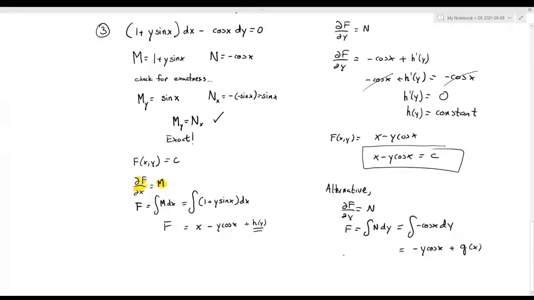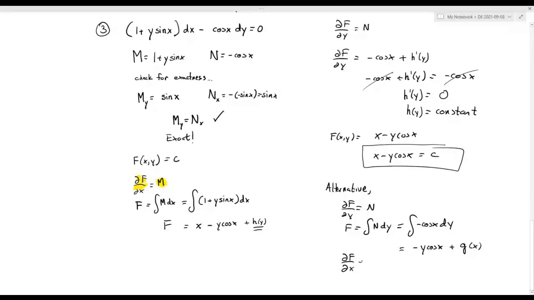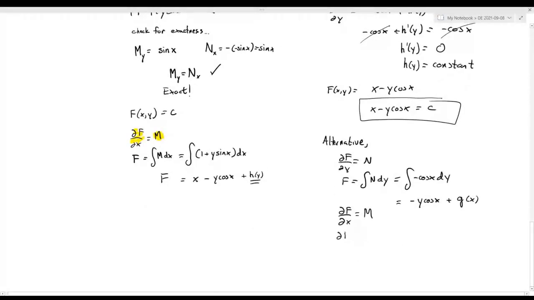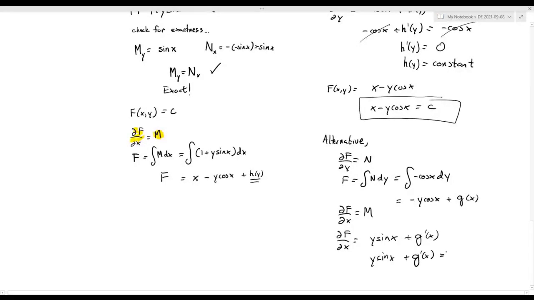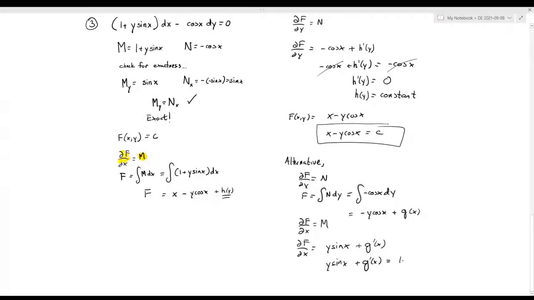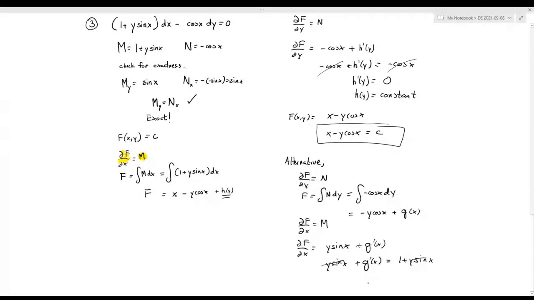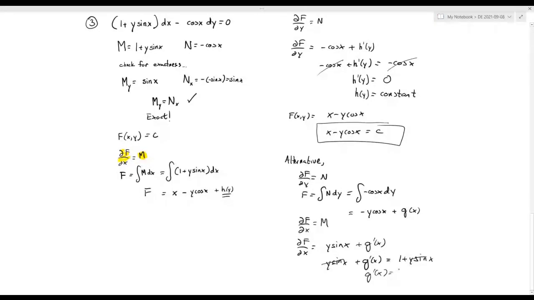All right, and now we can in turn take advantage of the fact that the derivative of big F with respect to x should be M. So let's differentiate big F with respect to x, and that should be equal to M, where M is 1 plus y sine x. So notice the beautiful cancellation, and we get that g prime of x is 1.